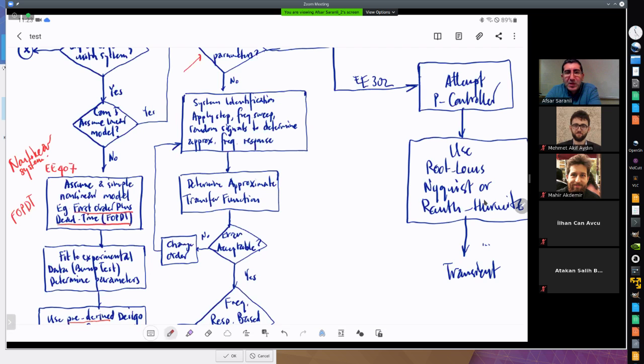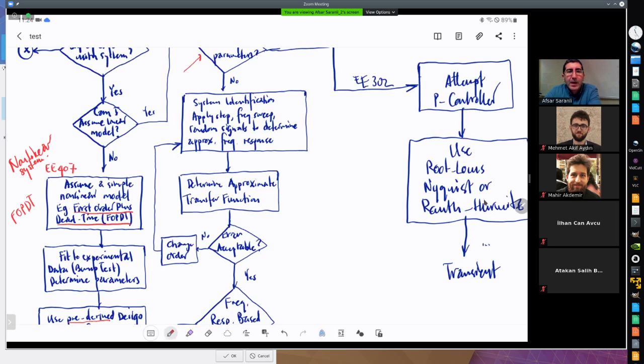Equivalently, you can apply what is called a frequency sweep. That means you can excite this system with constant magnitude, different frequency signals, and the output magnitude and phase will essentially give you the frequency response of this system. The frequency response is another way of representing this linear system.